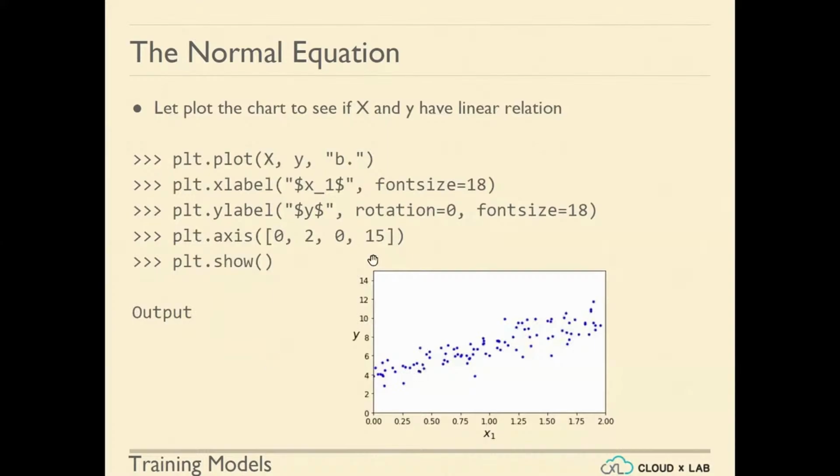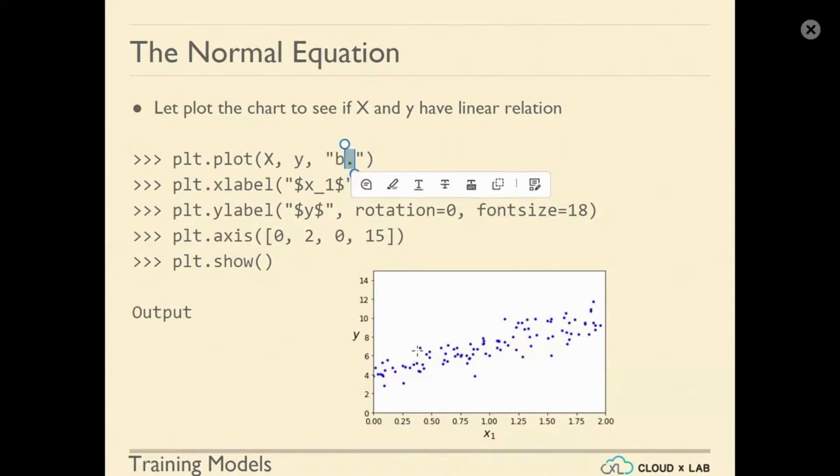Okay. So if you plot these points, you will get this type of plot, right? For plotting, we will use pyplot, plt.plot. We will pass the input values x and output values y, and since we want the output points in blue color, I'm writing b and then a dot. Why am I using a dot?